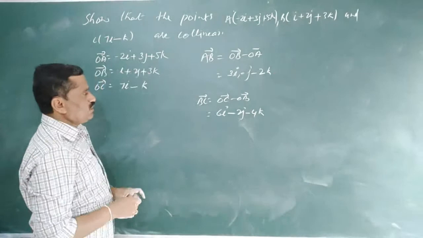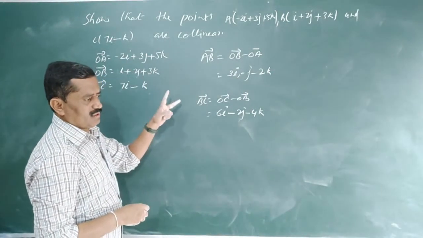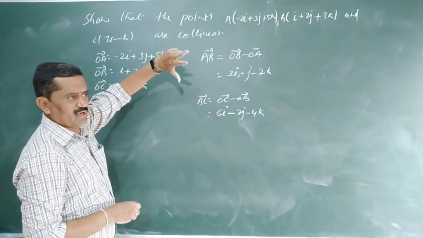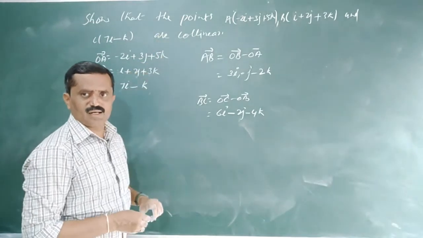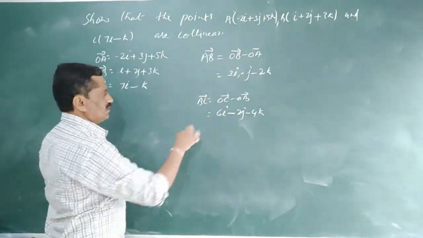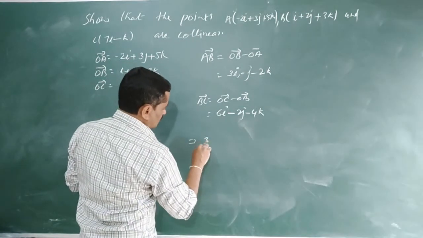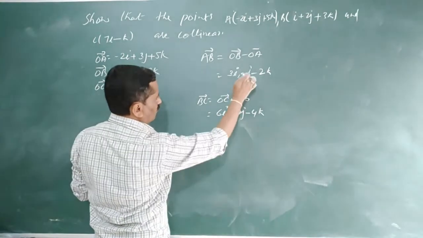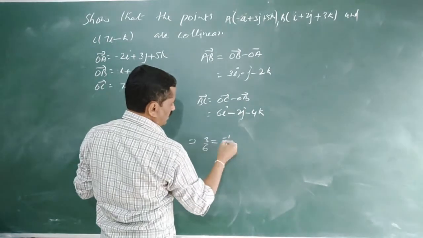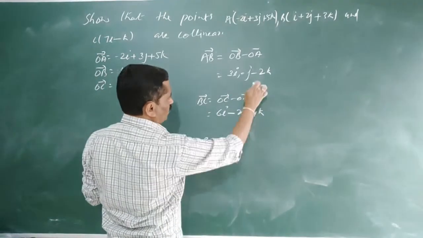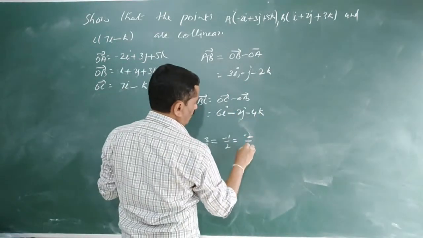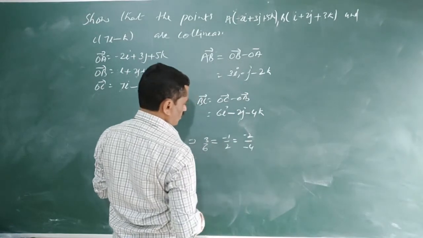So we know that any two vectors are said to be collinear if and only if their corresponding scalar components are proportional to each other. That implies 3 by 6 is equal to minus 1 divided by 2 is equal to minus 2 divided by minus 4.